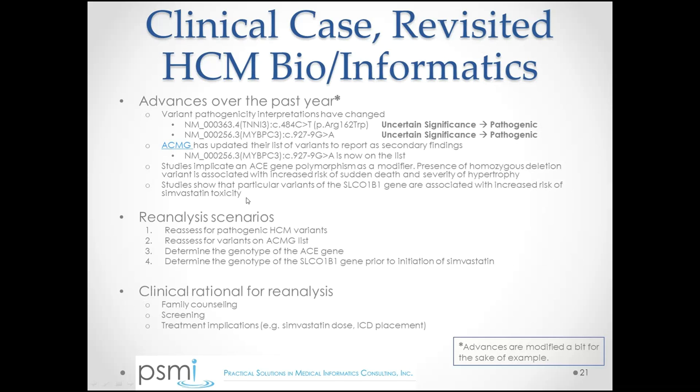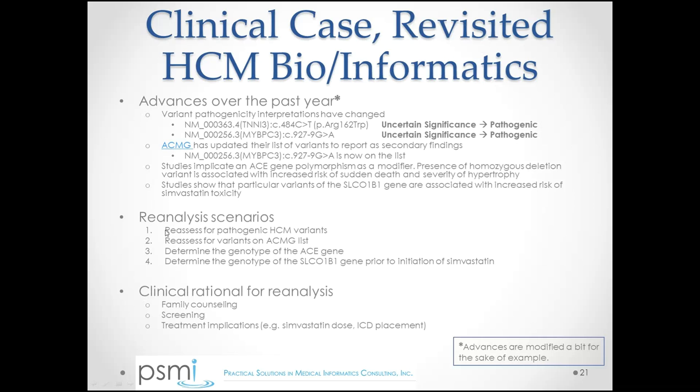So it's been a busy year with a lot of advances in genomics, and all of this data that's being accumulated and crunched has really led to some nice advantages. We have our patient who had whole genome sequencing a year ago. And now, faced with these advances, there are at least 4 reanalysis scenarios that come to mind.